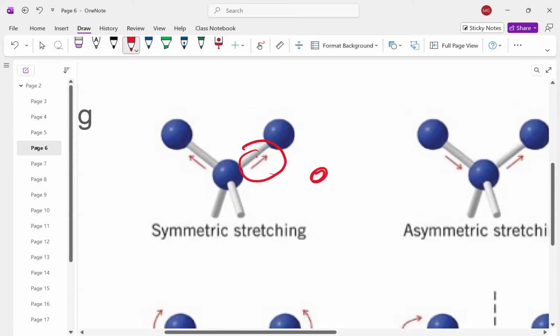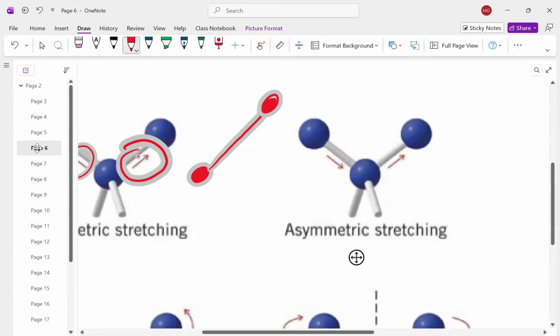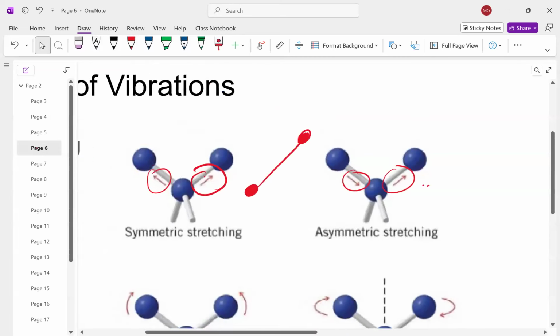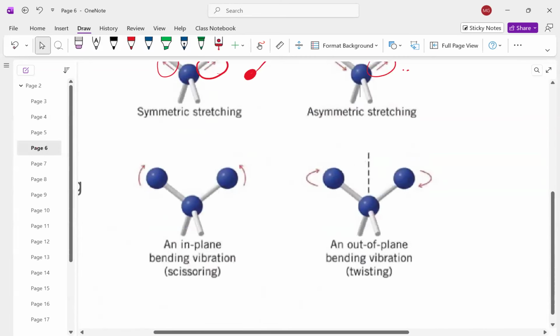So we go from short to longer. And symmetric is when on two sides they happen at the same time or in the same direction. Asymmetric stretching is where one stretches in one direction and the other stretches in the opposite. Again, I'm not going to test you on this. I just want you to kind of know when I talk about stretching, what that means.